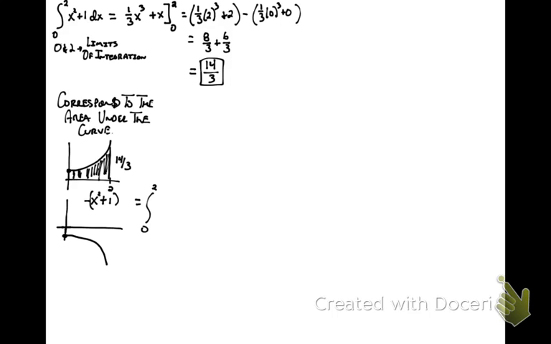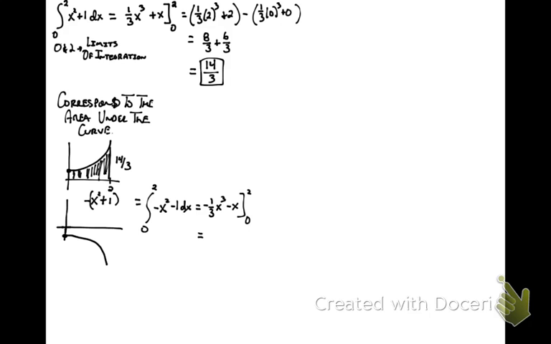I'm going to distribute the negative in, so negative x squared minus 1 dx. When I integrate negative x squared, I get negative 1/3 x cubed. When I integrate negative 1, I get negative x from 0 to 2. And some of you can already see what's going to happen.